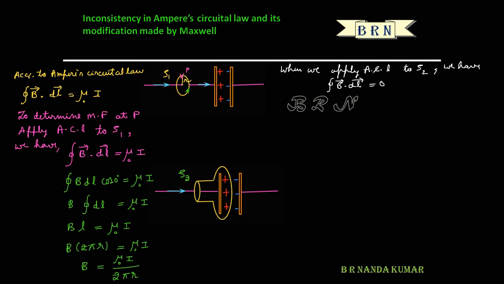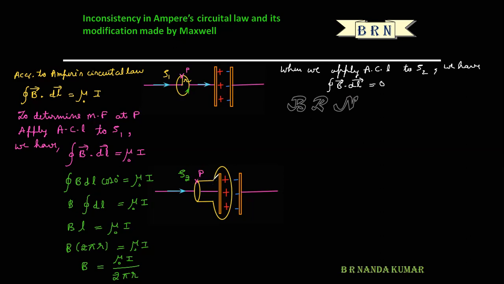According to Ampere's circuital law, the line integral of magnetic field around any closed curve is equal to mu naught times the net current passing through the surface. Now what is the magnetic field at the same point P? That is equal to 0, right? So calculated one way, there is a magnetic field at point P. Calculated another way, there is no magnetic field at the same point.